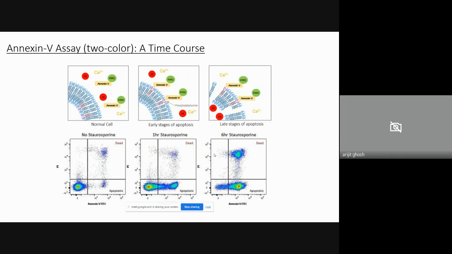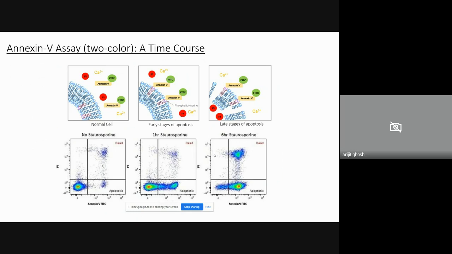When a cell becomes apoptotic, the phosphatidylserine comes to the outer part of the cell membrane, and annexin, in the presence of calcium ion, binds with that lipid and gives fluorescence. Annexin 5 is tagged with FITC.